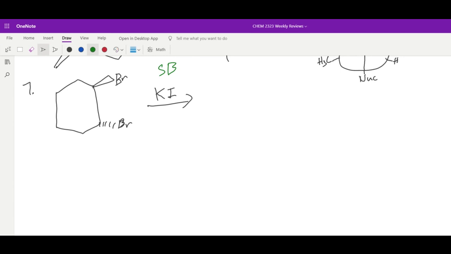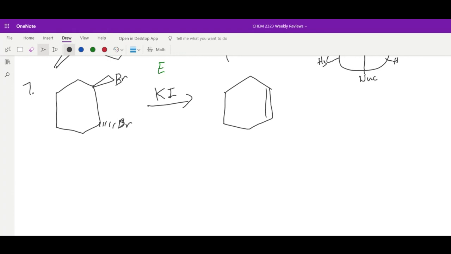But whenever you see this, it might not be a strong base. I do know that it's elimination. So whenever you see two bromines and a KI, think of elimination. And then you're going to form a double bond between these two. Okay? That should be the end result.